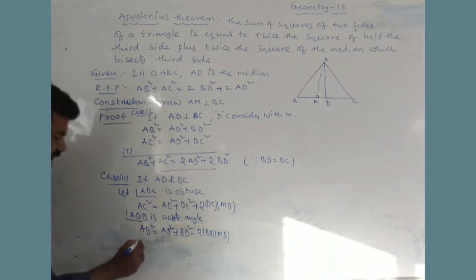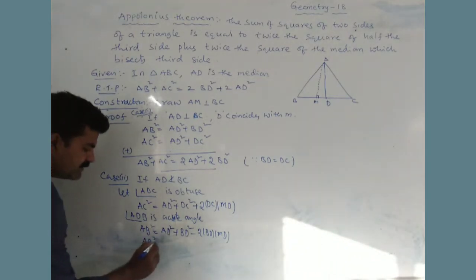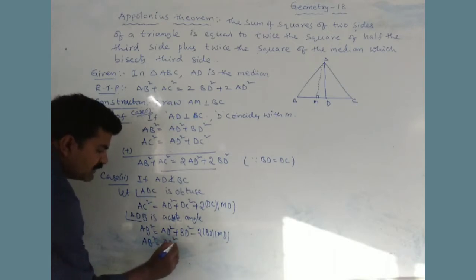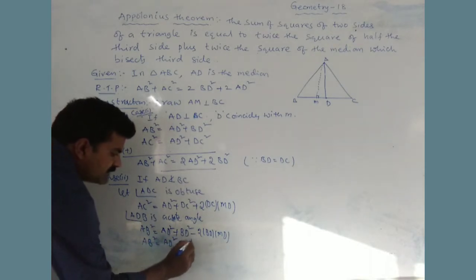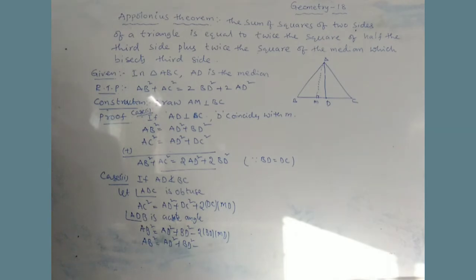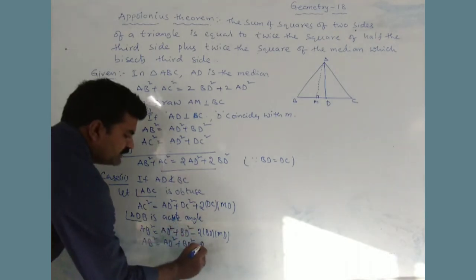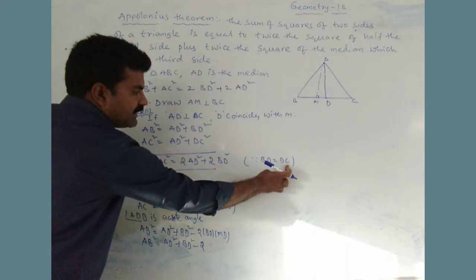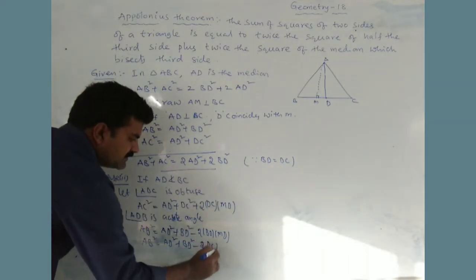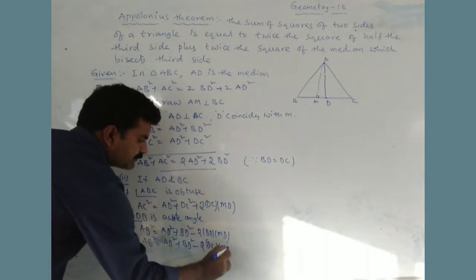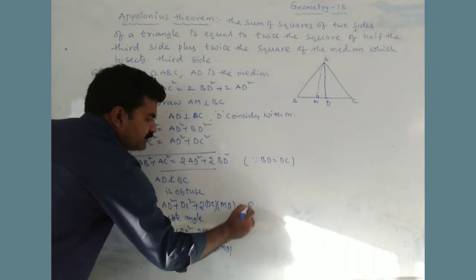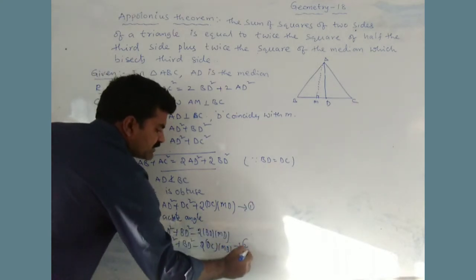But you know children, we can also write it as AB square is equal to AD square plus BD square minus 2 into, instead of BD I can write DC, into MD. So let it be equation 1 and let it be equation 2.